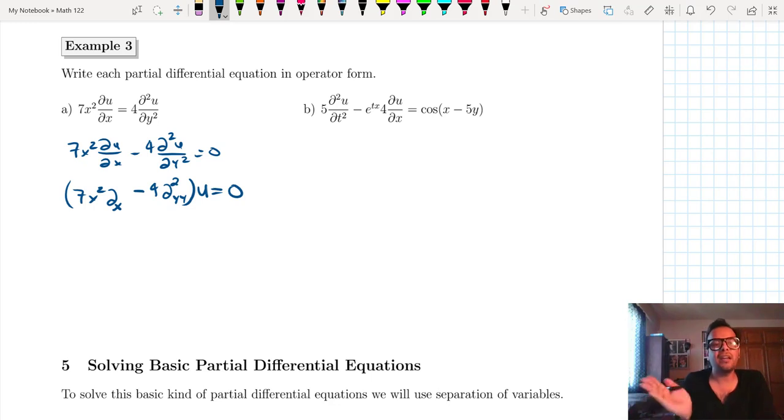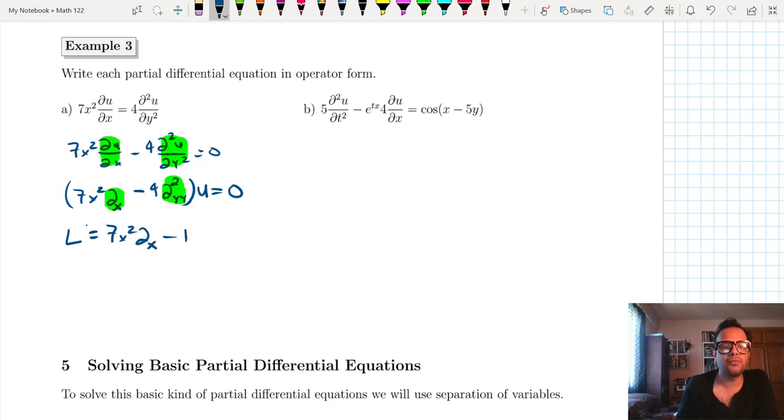So in a way, it's like factoring out that u and changing these partial derivative symbols into a more compact notation. And all this quantity that we have in parentheses, call it L, which is the operator, and that's 7x squared, partial with respect to x, minus 4, second partial with respect to y, twice.